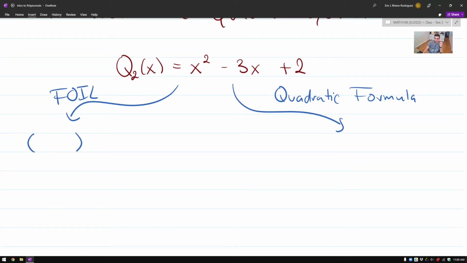So we create two sets of parentheses, and then we know that the leading term is x squared. The coefficient is just 1, so we put 2 x's here.